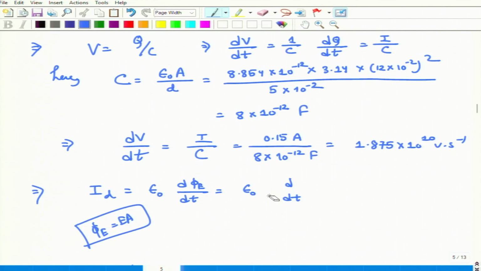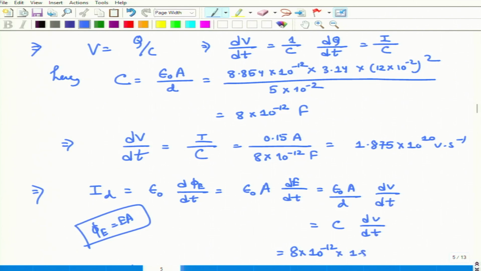So it should be A here, and it is dE dt. So we can write epsilon naught A by d, and it is dV dt. Okay, easy. So now if we put the value, it is C and it is just dV dt, then we know C is 8 into 10 to the power minus 12, and dV dt is 1.875 into 10 to the power 10.